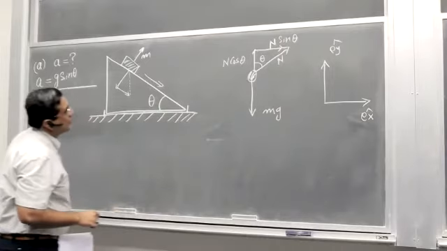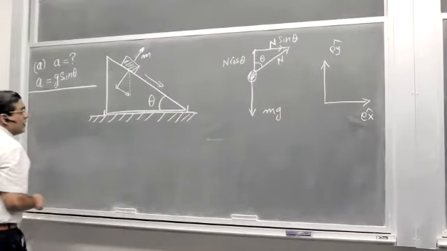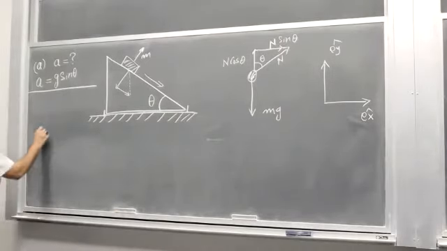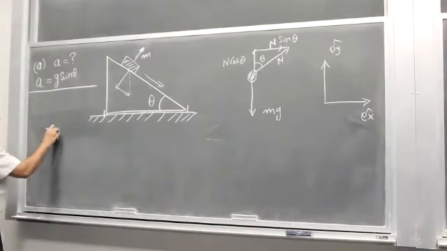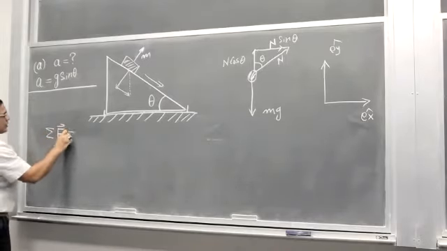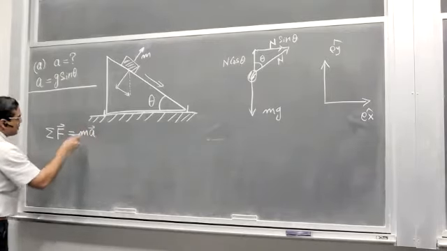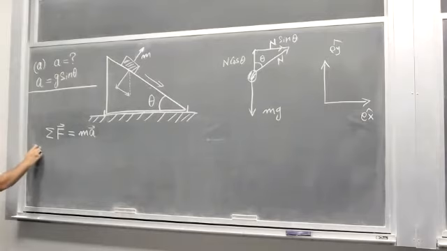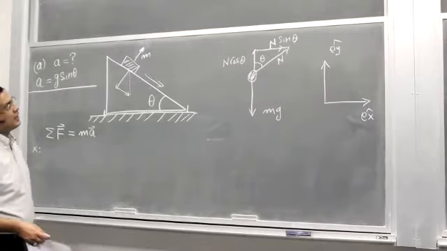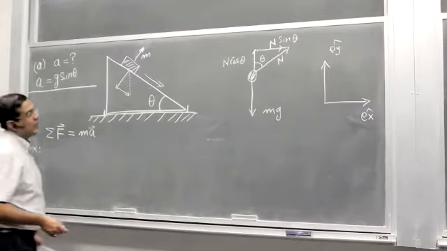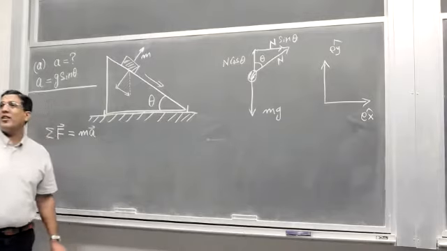And then we get, like we always do, the two equations. Sum of all forces is equal to mass times acceleration. We just write the equations in components. First we write for the x component: what forces are acting along the x-axis?